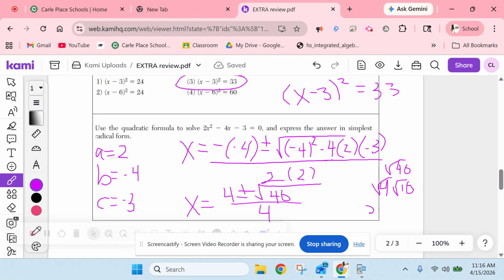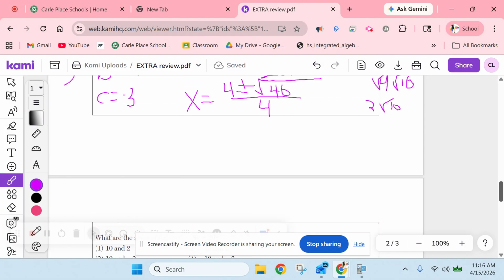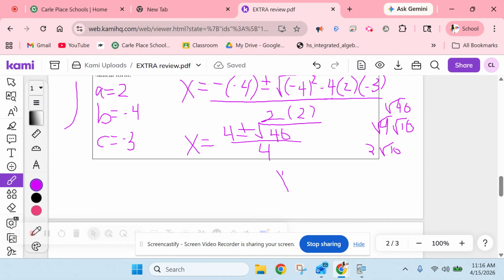So that becomes 2 radical 10. So I really don't have room to write it, but I'm going to try my very best. It's going to be x is equal to 4 plus or minus 2 radical 10 over 4. I would leave it like that.